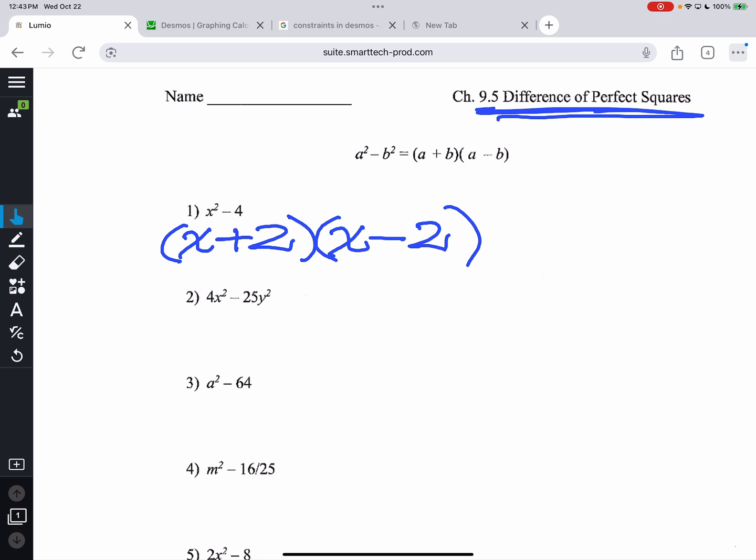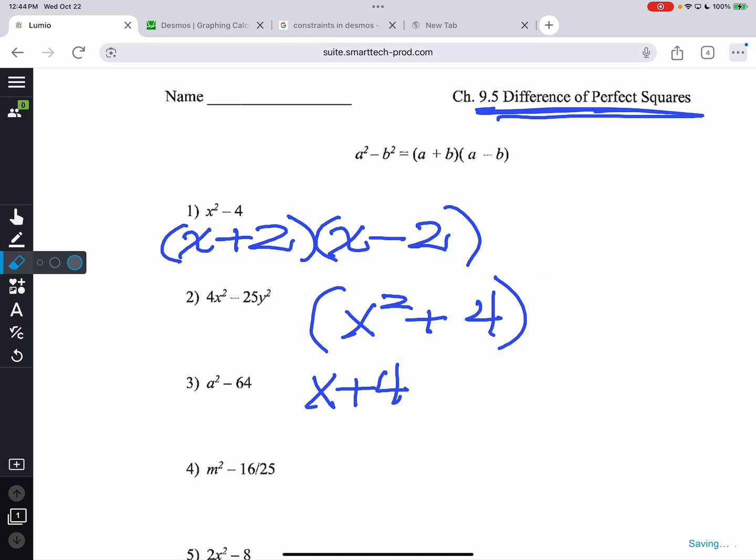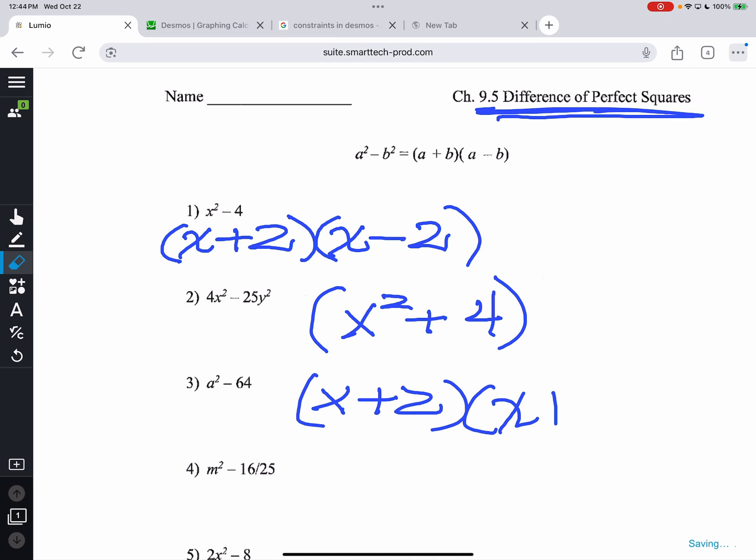So if you said, oh wow, we have two numbers and they are perfect squares, but it's addition, and we work it that same way. Now, how do we get a positive number? The signs have to be the same. So we would have x plus 2, x plus 2.